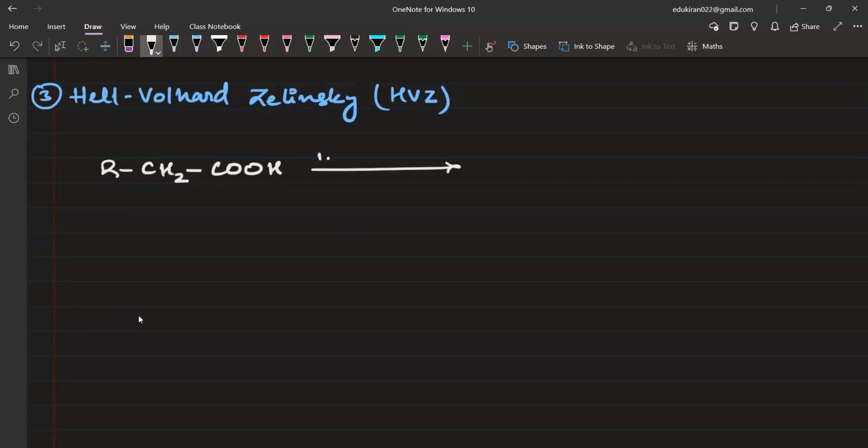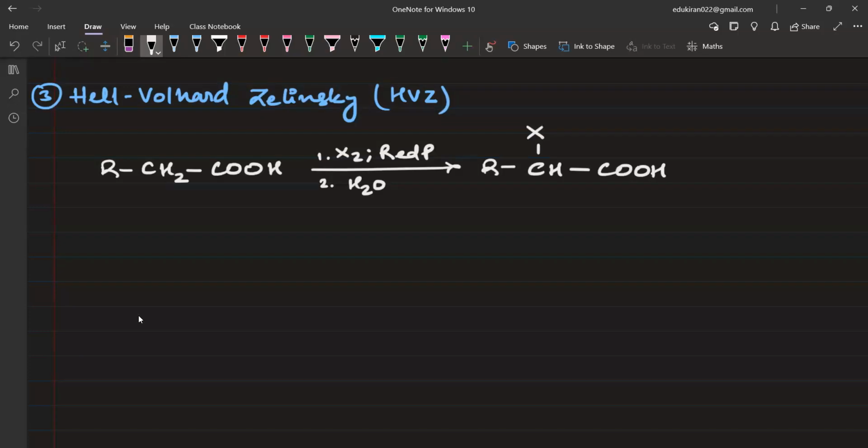In the presence of halogen and red phosphorus, which is then further hydrolyzed with water, you get a halogen atom on the alpha carbon. So you have R, CH as it is, and you will get here halogen X, and COOH is as it is.